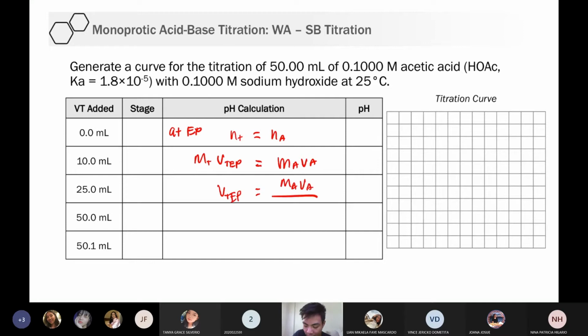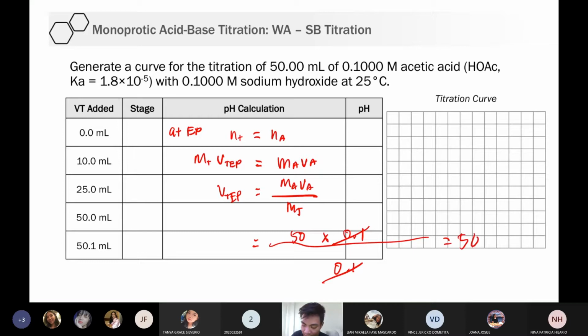So that's MAVA divided by MT. Plug in the numbers. Pinagbaliktad ko pala, so that's 0.1 times 50 divided by 0.1. Cancel.